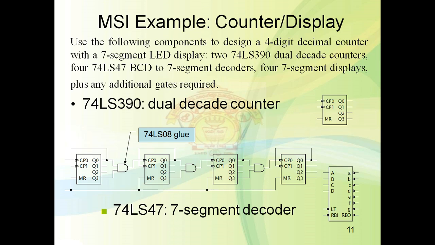Then we discussed the various ICs available, the 74 series, and then large scale integration. So the number of transistors per chip keeps increasing.